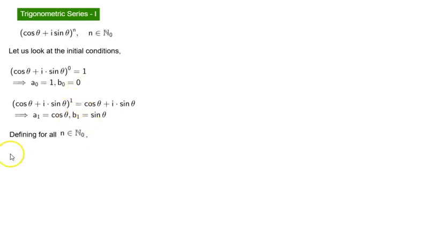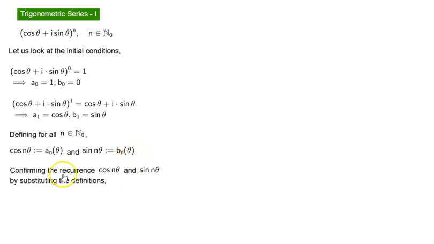So defining for all n in ℕ₀, cos nθ will be equal to a_n(θ) and sin nθ will be equal to b_n(θ). Now confirming the recurrence for cos nθ and sin nθ by substituting the definitions: cos(x+y) is equal to cos x cos y − sin x sin y, and sin(x+y) is equal to sin x cos y + cos x sin y.